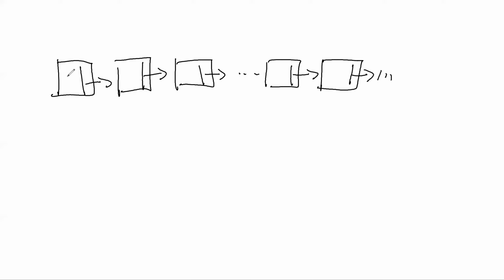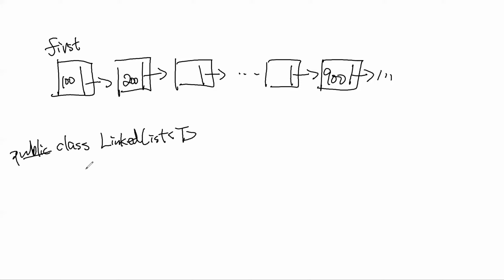So for a linked list, this is our linked list, 100, 200, and to 900, suppose. And we only need first. So here the linked list itself is supposed to be a class. You can define, of course, it's public: public class LinkedList, and we want to define it as generic.